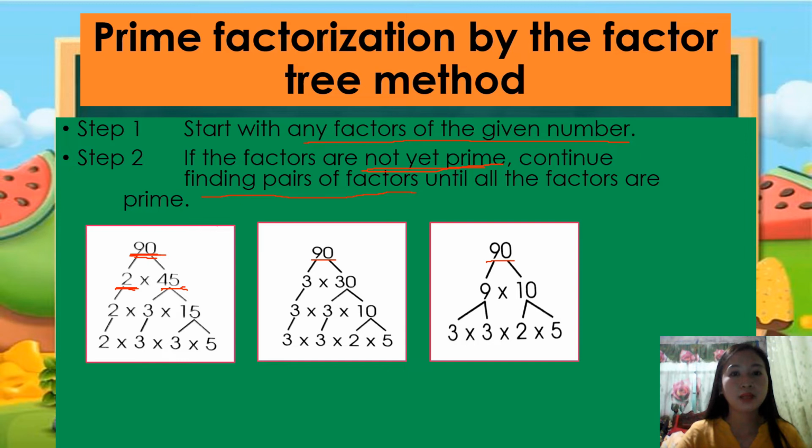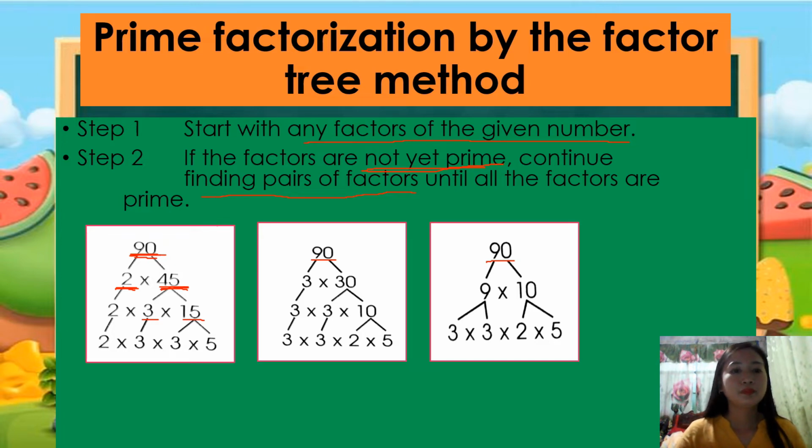So, continue finding pairs of factors. We need to get the factors of 45, and the factors of 45 are 3 and 15. If you multiply 3 by 15, the product is 45. So, 3 and 15 are the factors of 45.